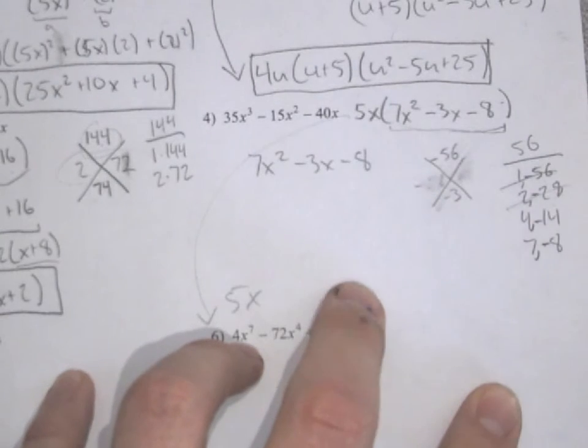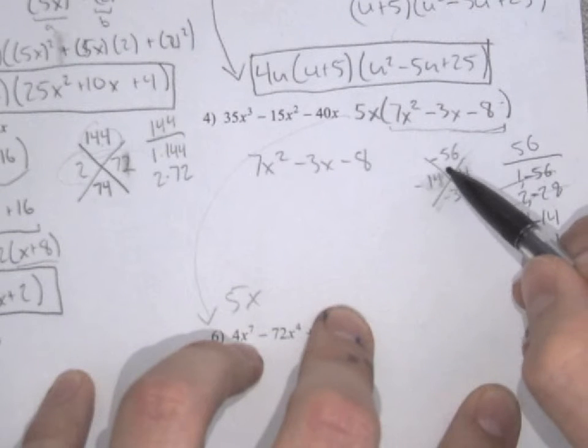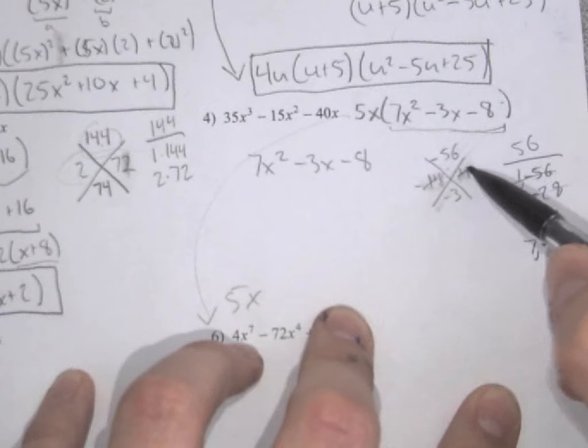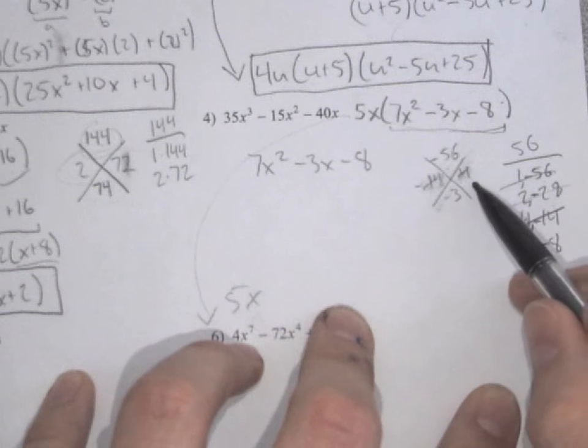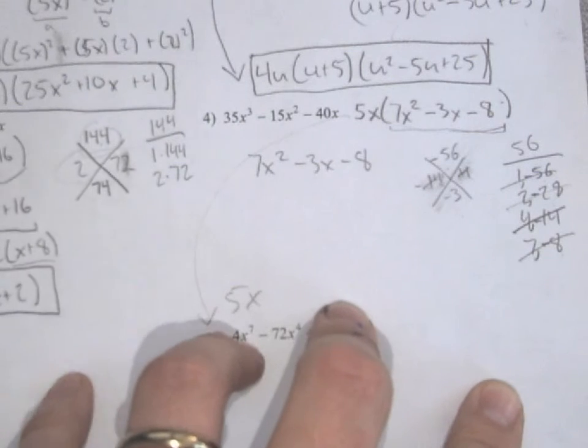So this is kind of what I use my box for. If I do negative 14 and 4, well, those multiply to negative 56, but they don't combine to negative 3, so it's not those guys either. And my box is starting to get messy. Let's try 7 and negative 8. If I do negative 8 and 7, those are going to multiply to negative 56, but those combine to negative 1, and so that's not the option either.